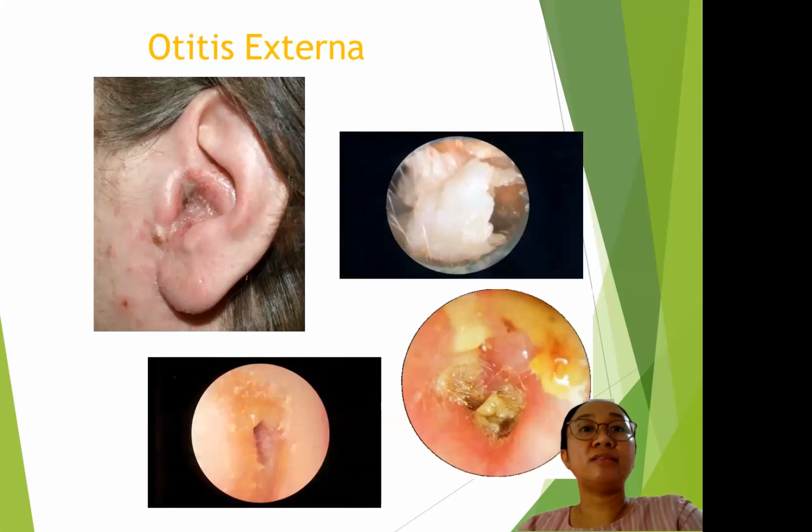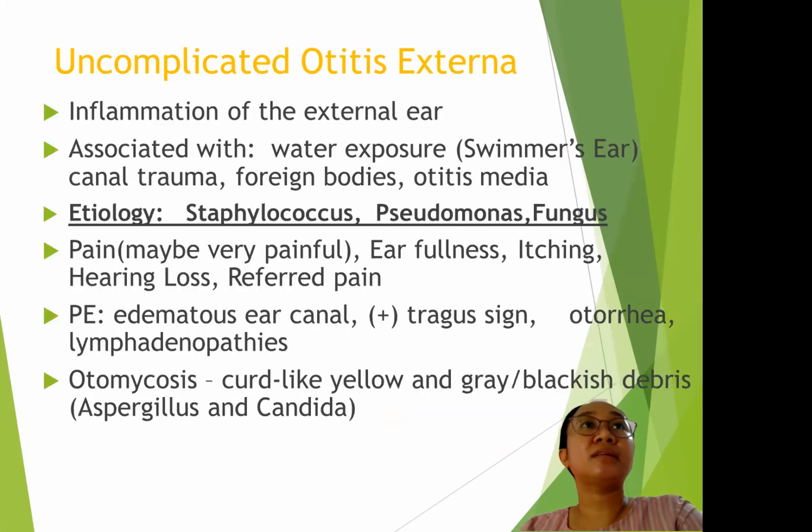In general, otitis externa is an inflammation of the external ear. It is associated with water exposure, that's why it's called swimmer's ear, and also with trauma, foreign bodies, and otitis media. The most common etiologic agents are Staphylococcus, Pseudomonas, and fungi.